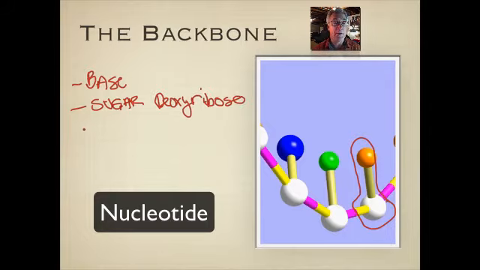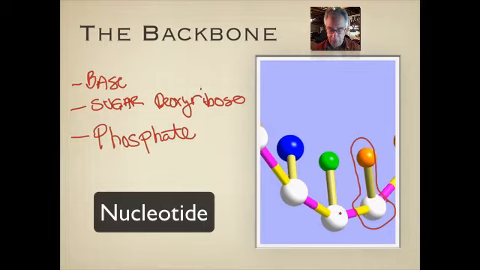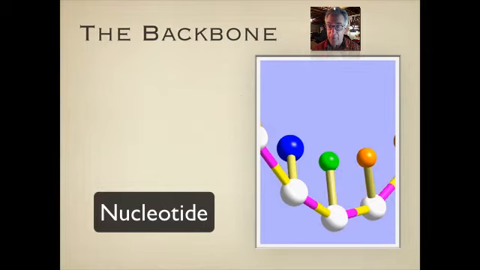Then the next piece besides the base and the sugar is the phosphate group. These are all the 3 different parts. And if we look at another one here, that right there is the sugar, deoxyribose.